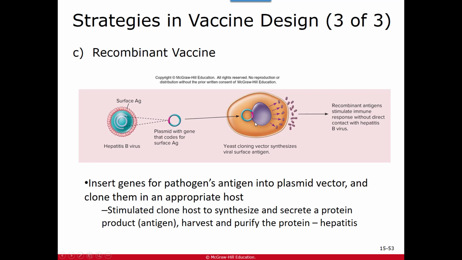And that yeast, because it has that viral DNA in it, will start making that particular surface antigen. And we can harvest that surface antigen and put it in a vaccine. It's going to trigger an immune system response so that if you were ever exposed to this particular virus in the future, you would know how to recognize that virus-specific antigen.